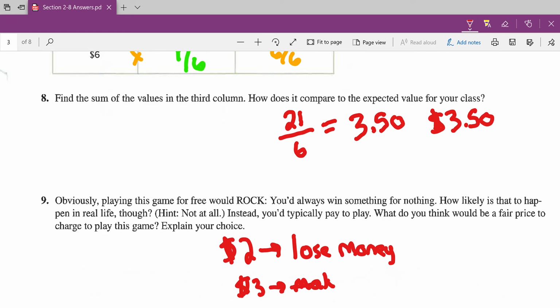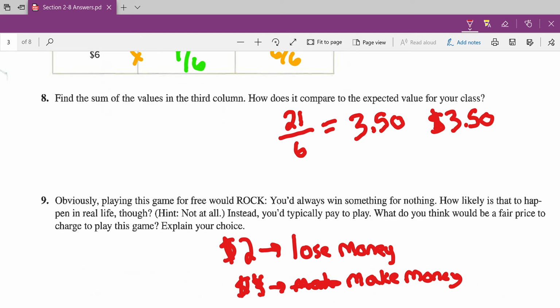Not $3, because $3.50 is my expected value. If I charged $4 to play the game, I would make money. So charging $1 or $2 or $3, I would actually lose some money. If I charged $4 or $5 or anything more than that, I would actually make some money.